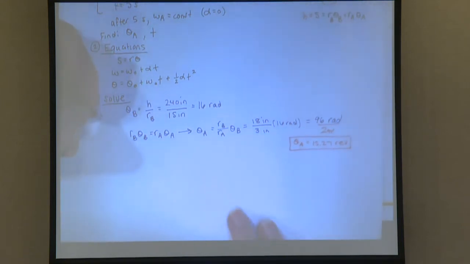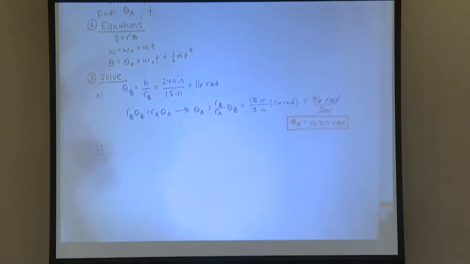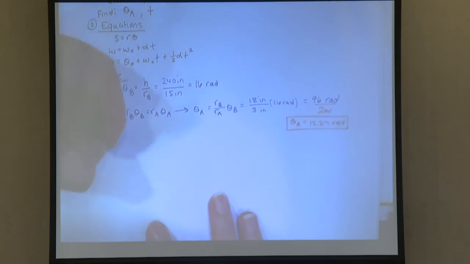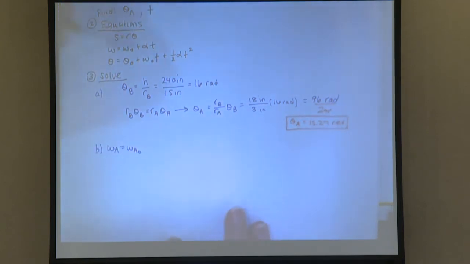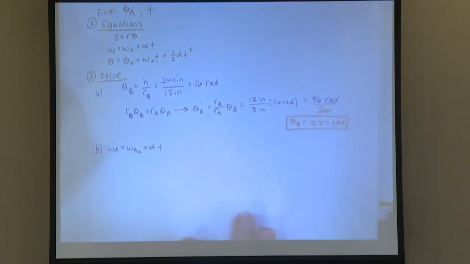So this was for part A, now for part B. We're going to use the constant acceleration equation. We can say omega A is equal to omega A naught plus alpha t. This is to get that alpha.